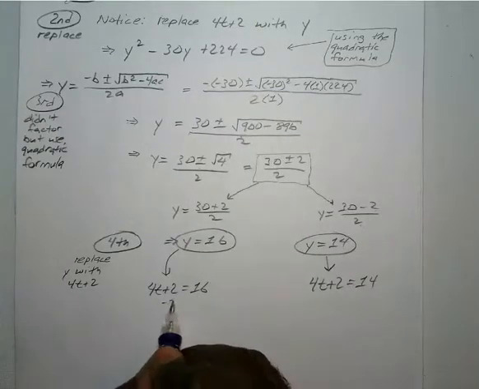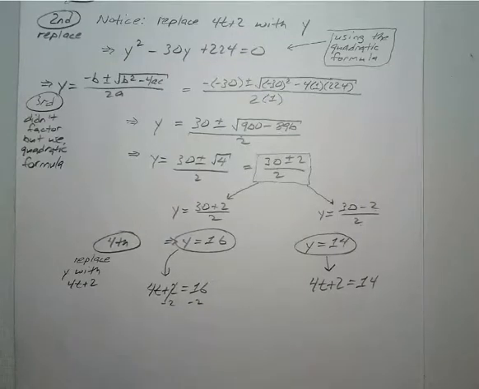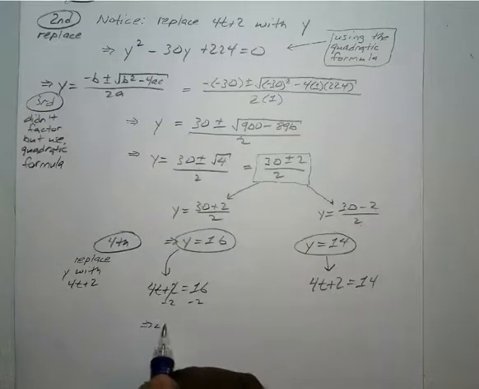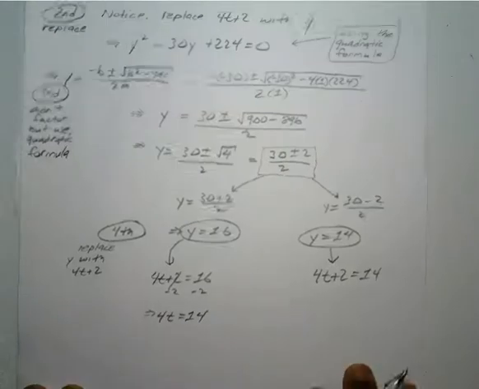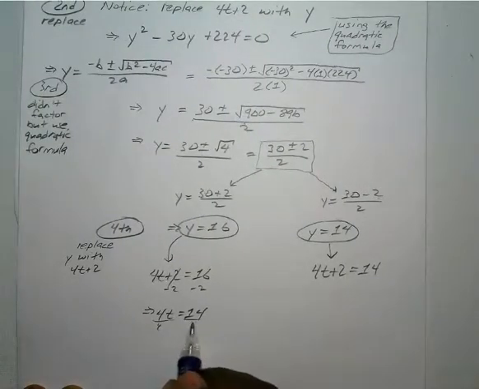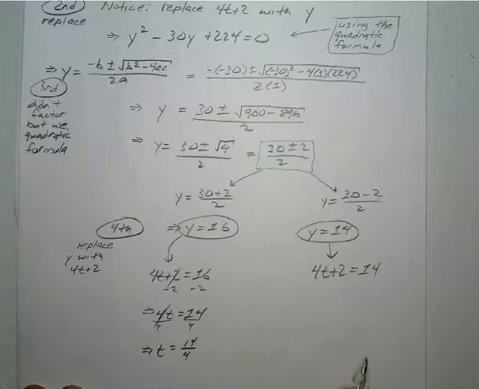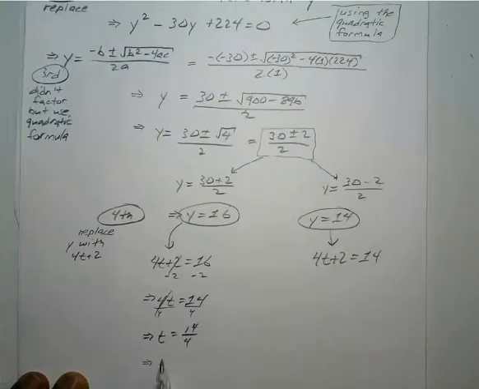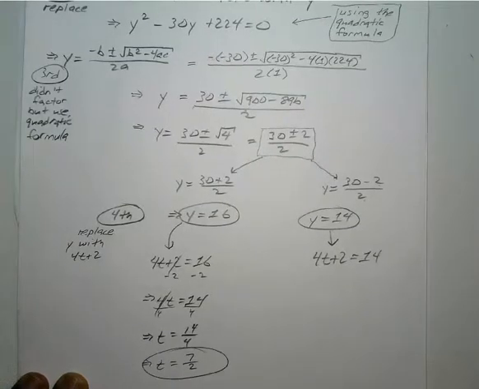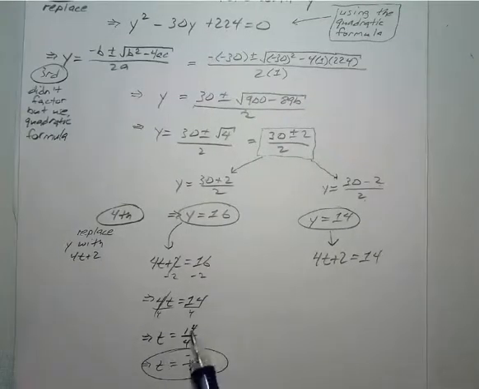If we subtract 2 from both sides, we have 4t equals 14. Divide both sides by 4, and we end up with t equals 14 over 4, which simplifies to t equals 7 over 2, since 2 can divide both of those values.